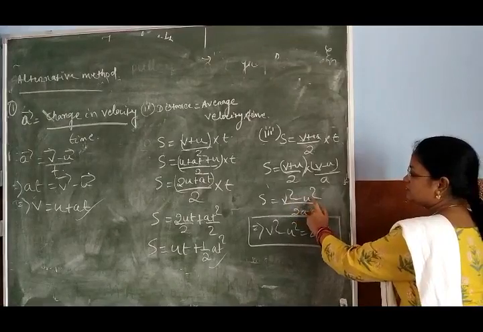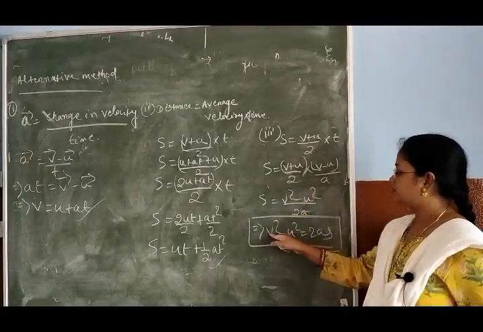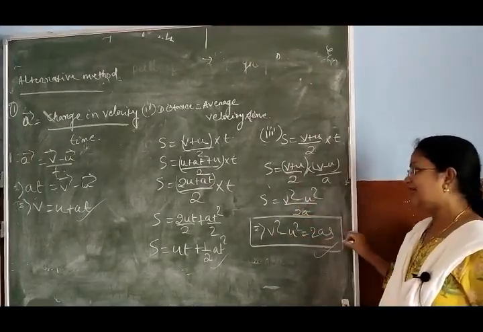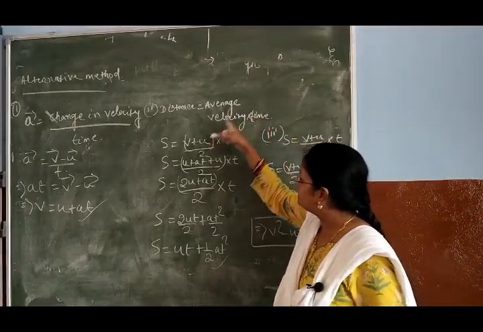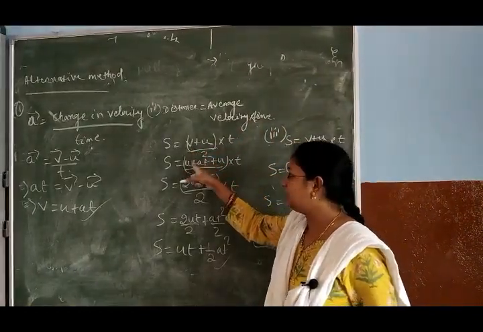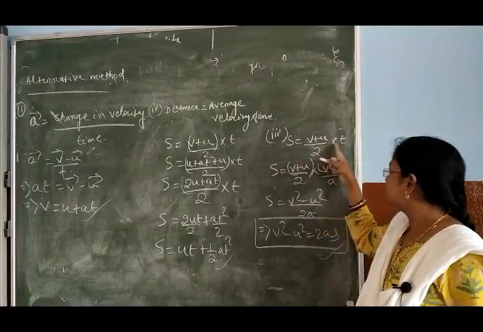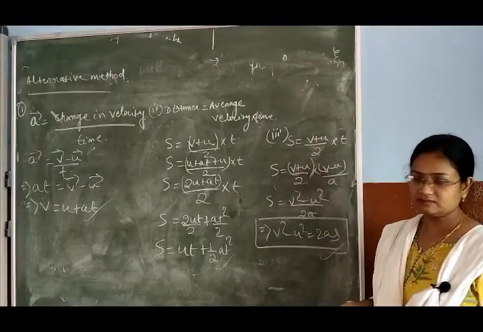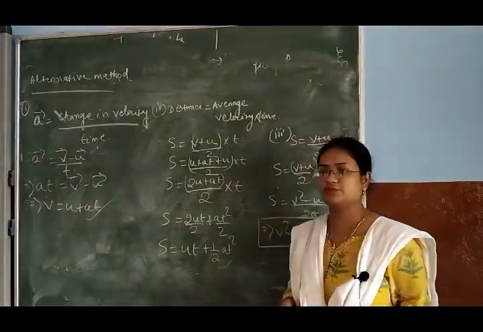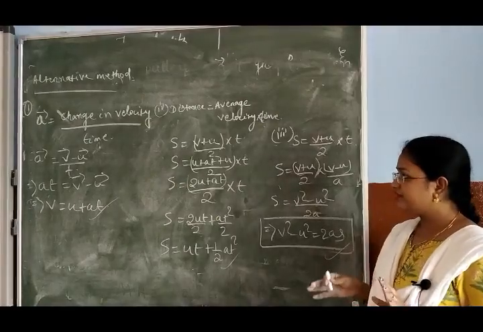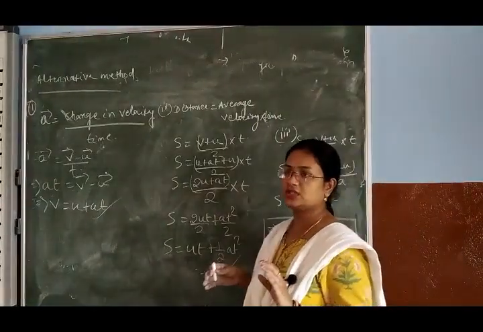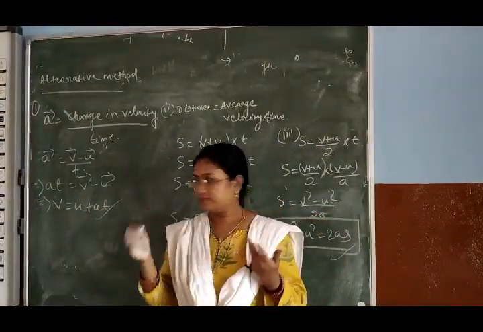So V square minus U square by 2A, that is V square minus U square equals 2AS. Same thing, but here you just put the value of V as U plus AT, and here you put the value of T. So these are your three equations of motion.